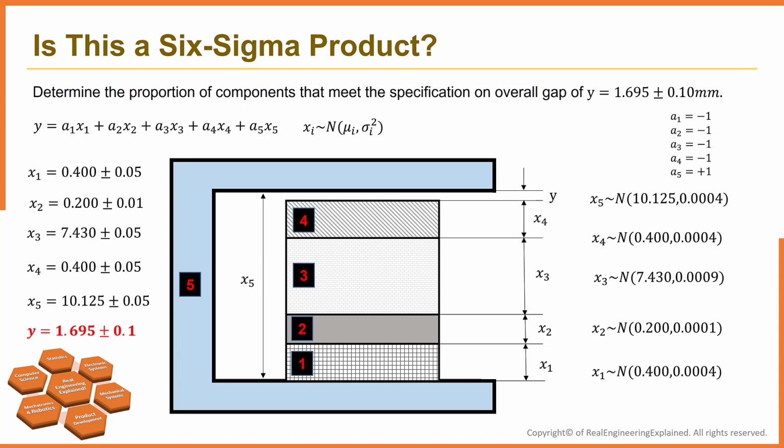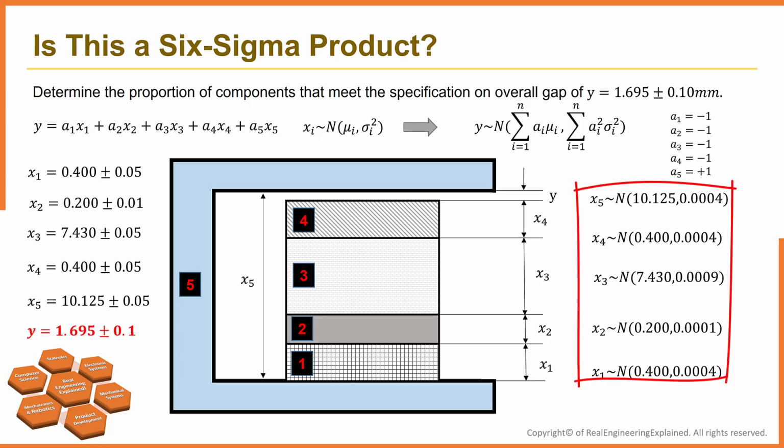So if xi, our dimension, is normally and independently distributed with the mean of mu i and variance of sigma i, then Y is normally distributed with the mean of this and variance of this. Remember that mu i and sigma i are known for each component as given here.